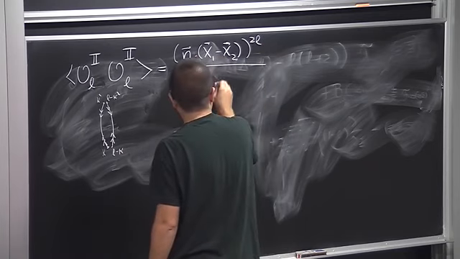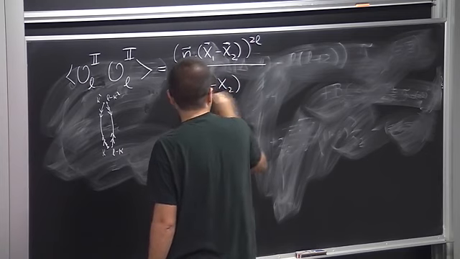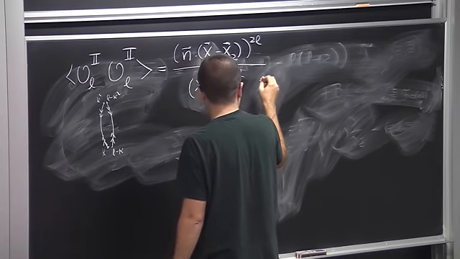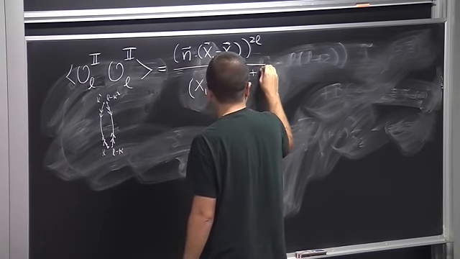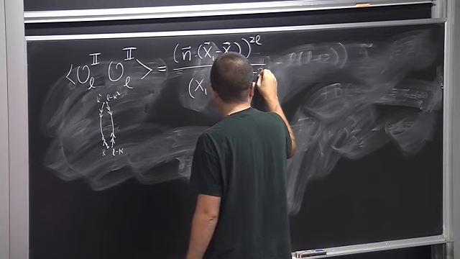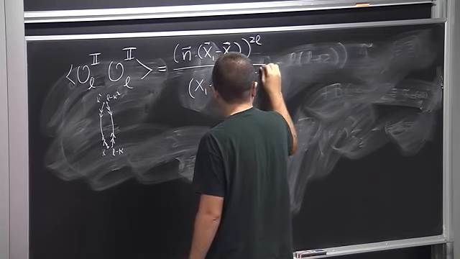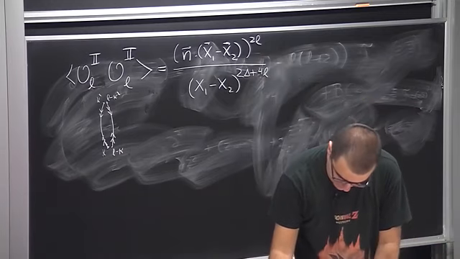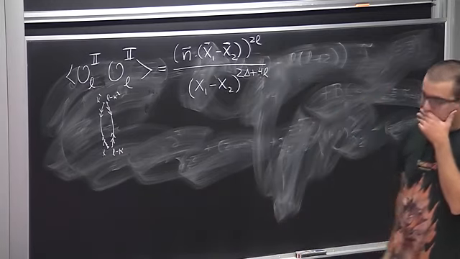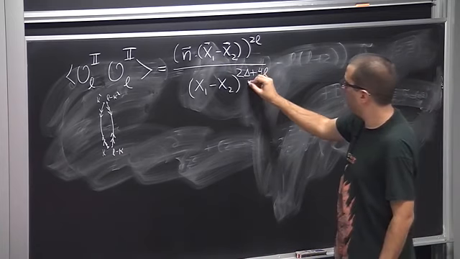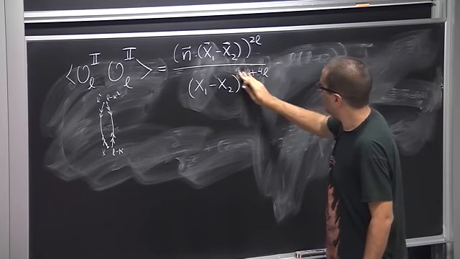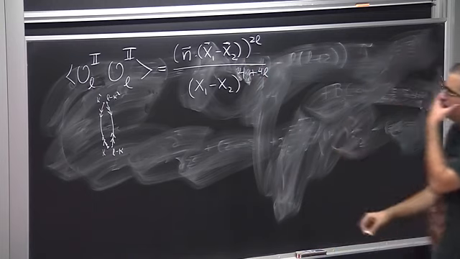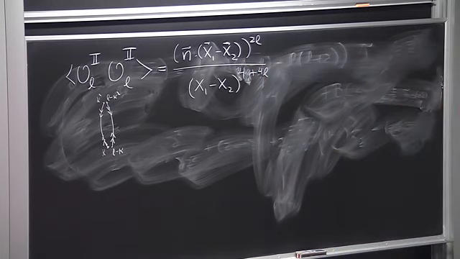And then after acting with the propagators, I got 1 over x to the power 2 delta plus 4L. Okay, so this is the space dependence.